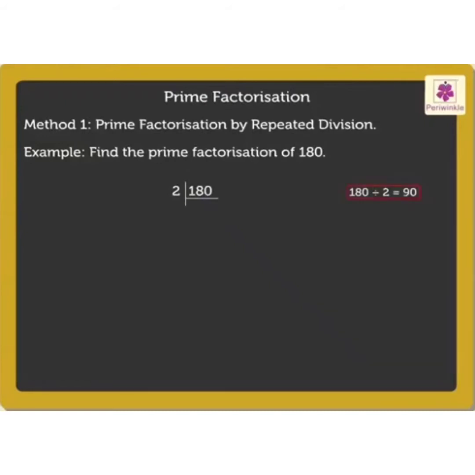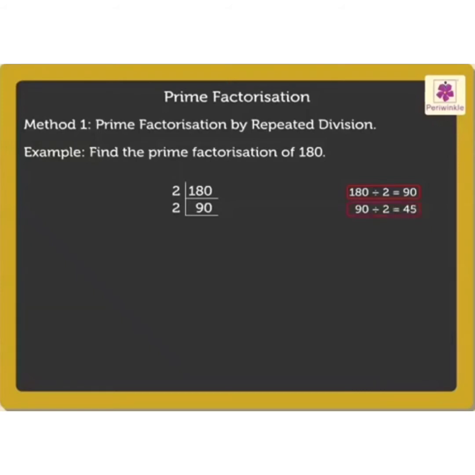Now we divide the quotient 90 with the smallest prime number. As the number 90 is an even number, it is divisible by 2. On dividing 90 by 2, we get 45, which we write below 90.